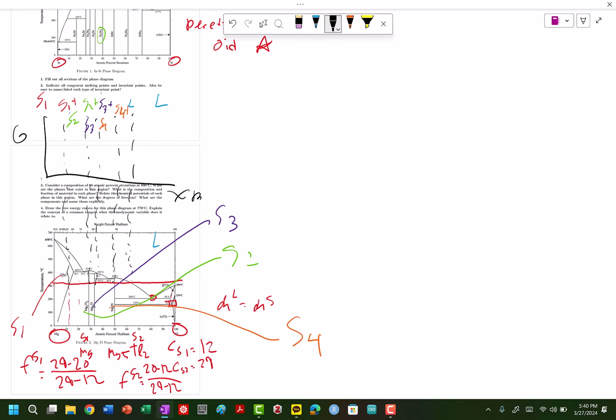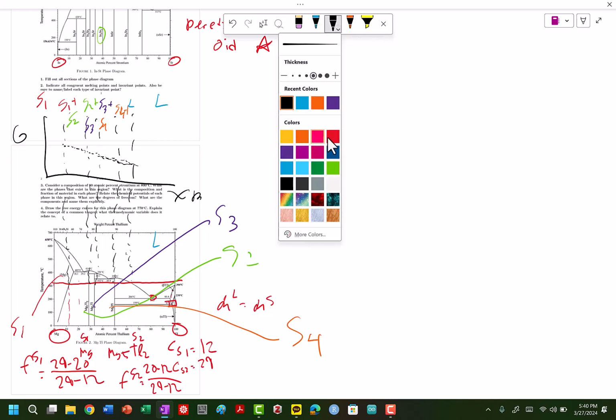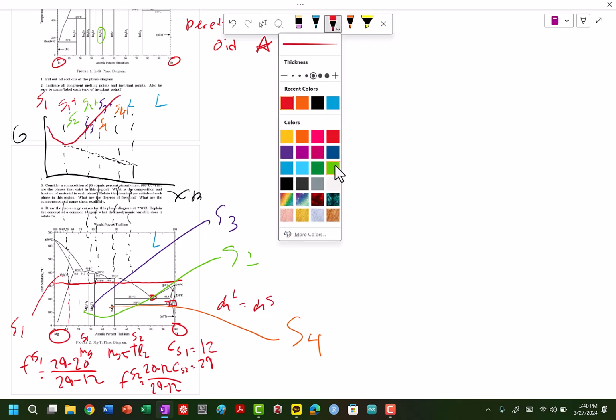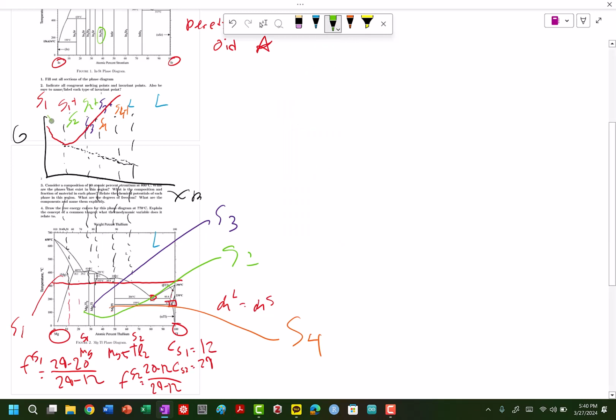And then I'm going to draw my common tangents. Basically here, here, here, and here, just going down in a kind of straight line. So my red solid 1 appears. It hits its two-phase region, and then it's gone. Then number 2, higher here, common tangent here, common tangent there, and then gone.